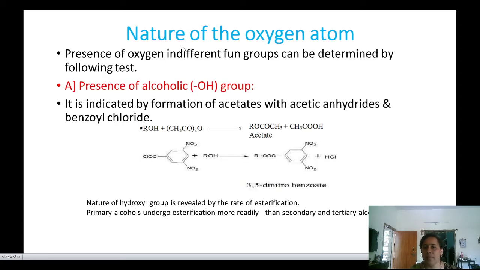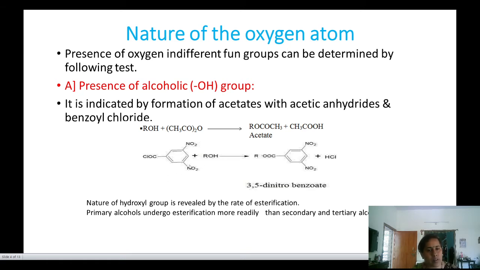Next point is the nature of the oxygen atom. Presence of oxygen atom in different functional groups can be determined by the following tests. Presence of an alcoholic group is indicated by forming the acetates with acetic anhydride and benzoyl chloride. Here, when alcohol reacts with acetic anhydride, there is formation of an acetate and elimination of one molecule of acetic acid.